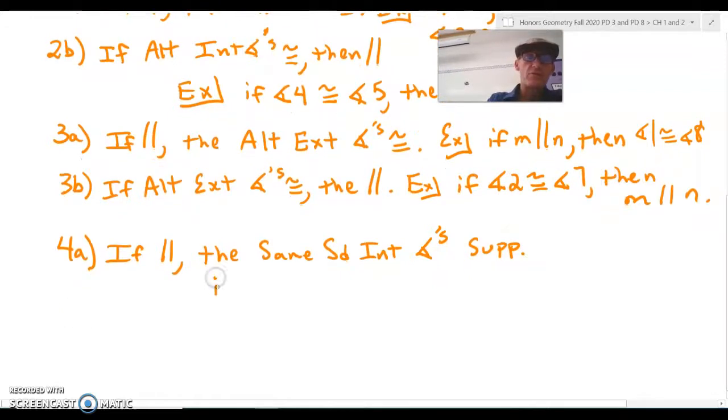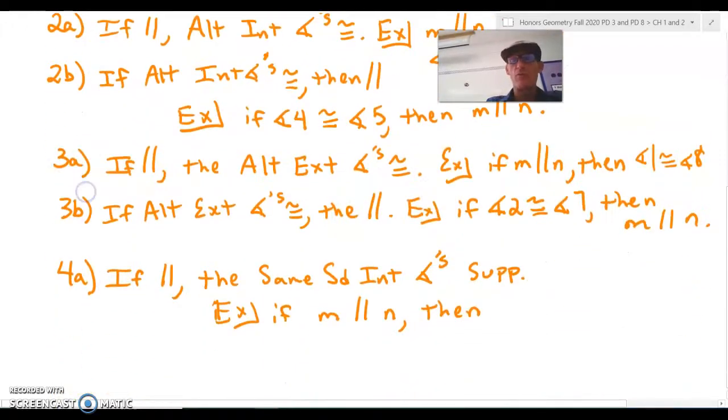So for example, if M parallel N, then angle 4 plus angle 6 equals 180 degrees.